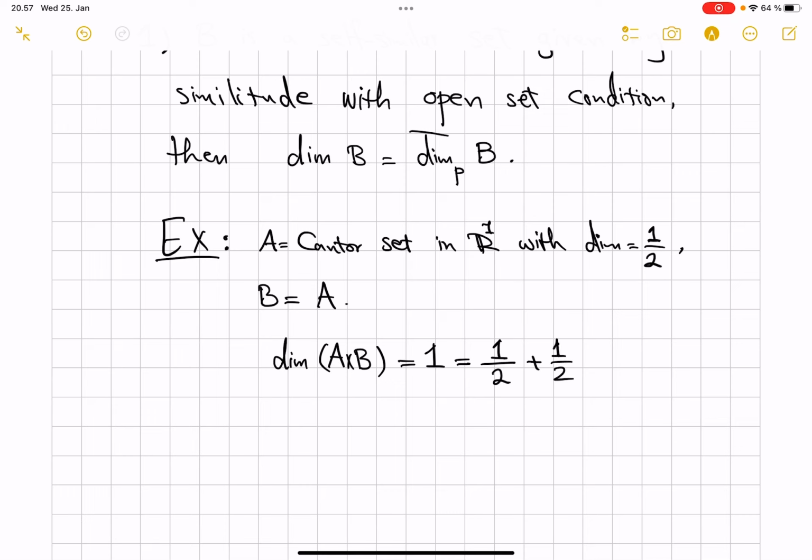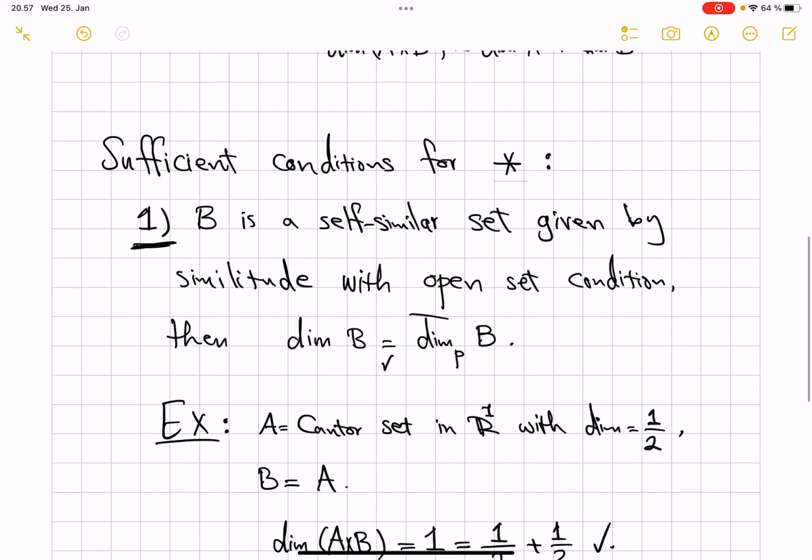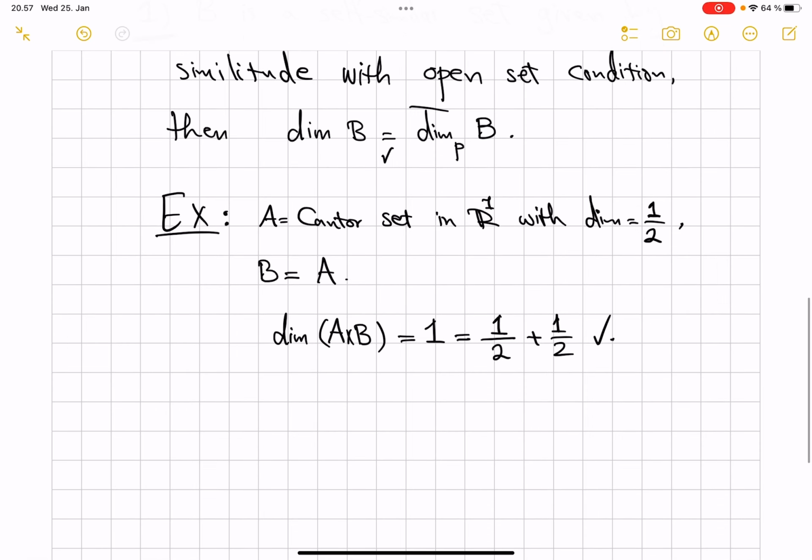And in this case, we see that this agrees. Of course, being self-similar, this could have also been deduced from condition 1 here, because the set is self-similar. The packing dimension and the Hausdorff dimension agree, so that in the theorem above we have equality, from which we get that the dimension is equal to 1. Although we had also seen directly why the Hausdorff dimension of that set is equal to 1, and it was our first example of a purely unrectifiable subset of the plane.